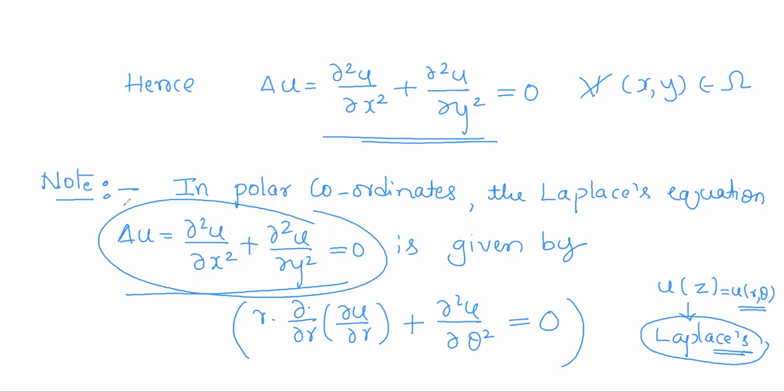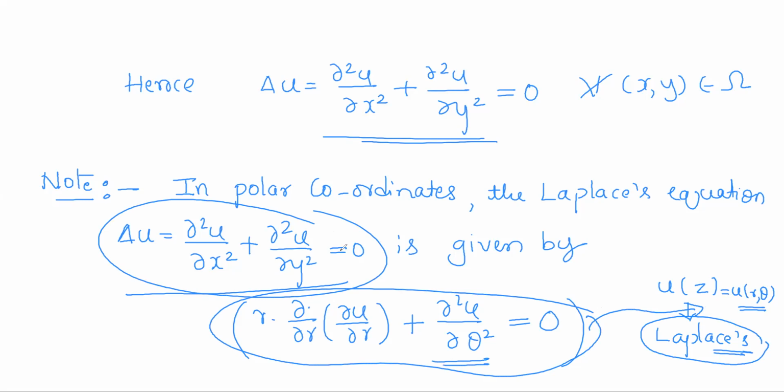To avoid that useless work, we verify this equation for the given function in polar form, as this condition is equivalent to the Laplace equation. If this condition holds, that directly implies the Laplace equation holds.